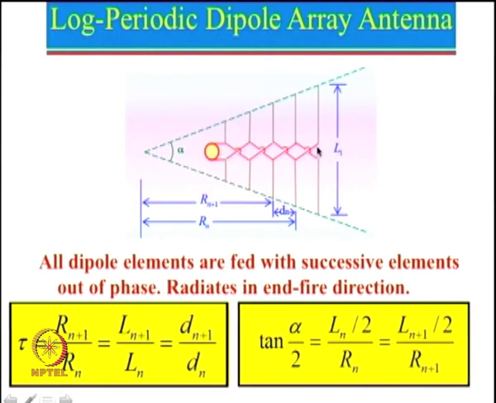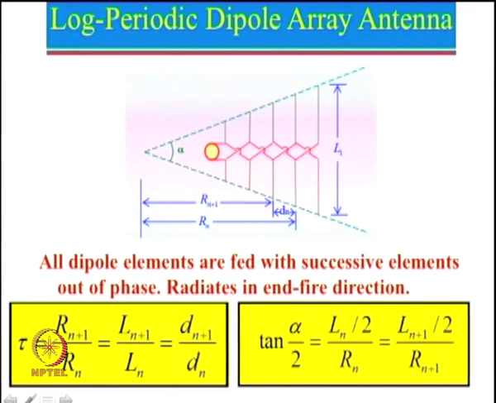Another thing we saw is the tau factor, which is known as the spacing factor, and we saw that it is constant for R, L, D, even for the diameter and so on. Then we also saw the angle defined by tan alpha by 2, where alpha is given over here, half the angle is this, and we saw this expression.